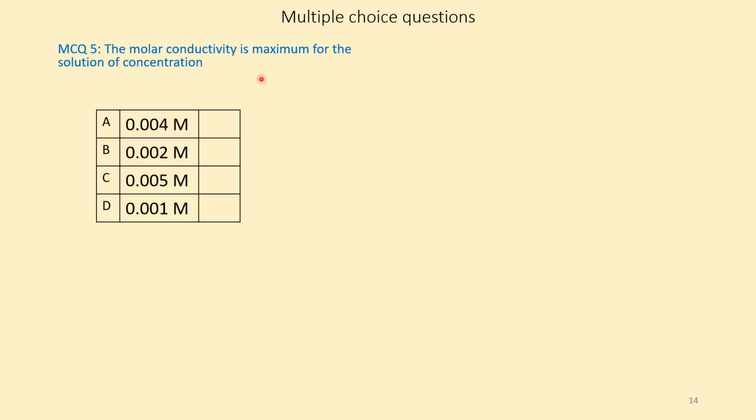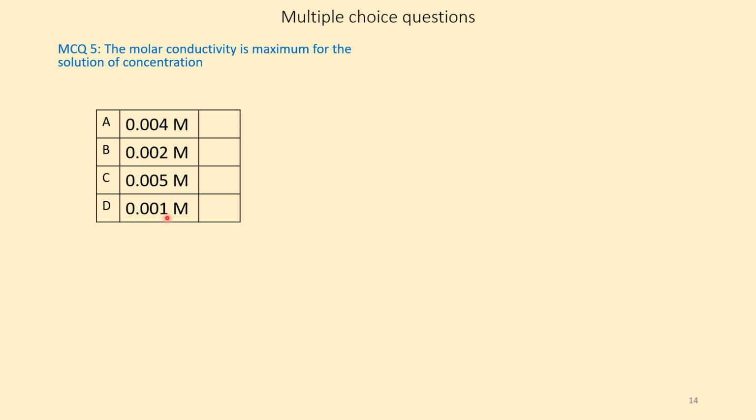The molar conductivity is maximum for the solution of concentration. So four concentrations are given. Option A 0.004 M, option B 0.002 M, option C 0.005 M and option D is 0.001 M. The maximum concentration is 0.005 and the lowest is 0.001.